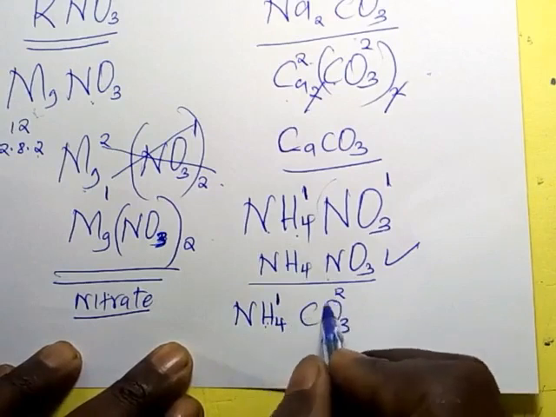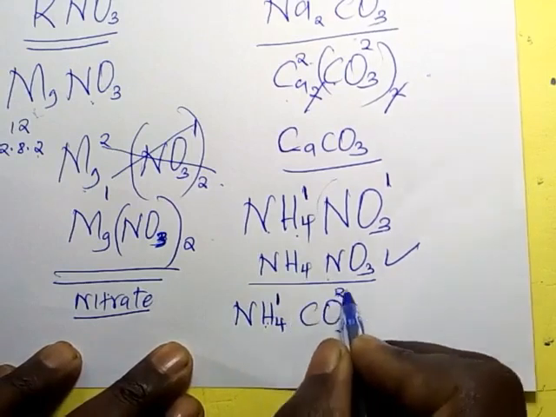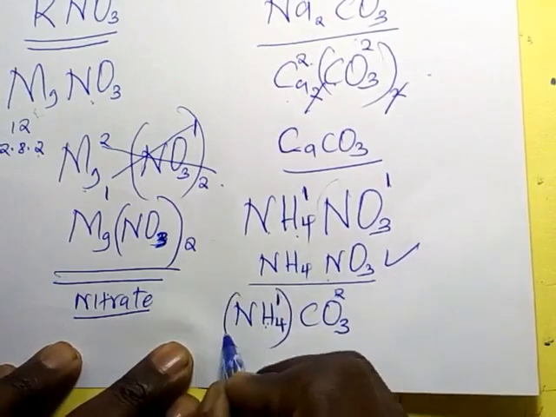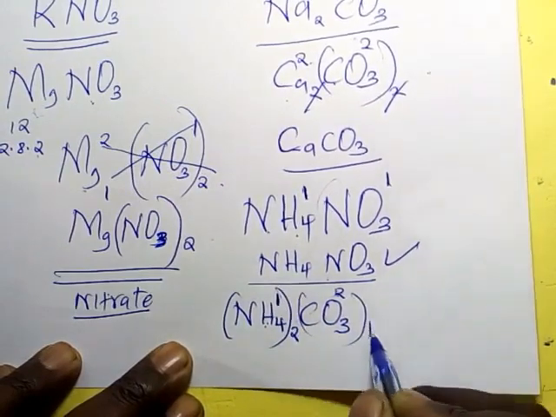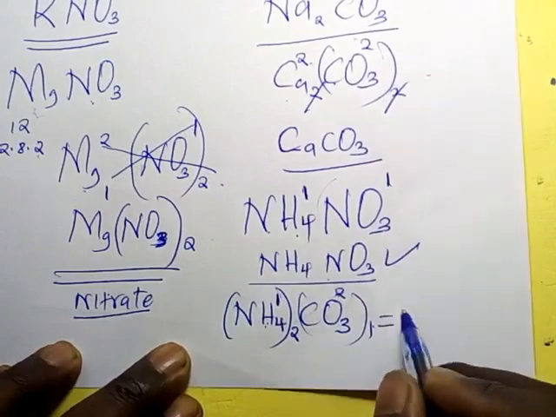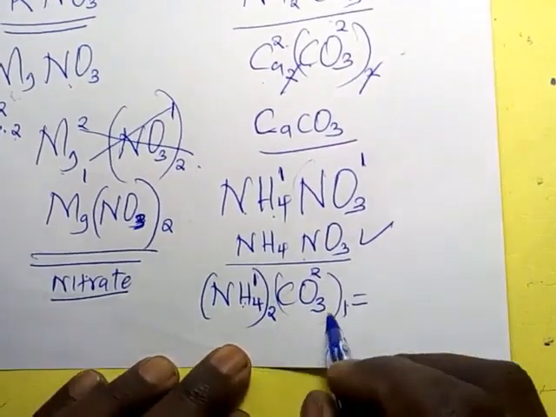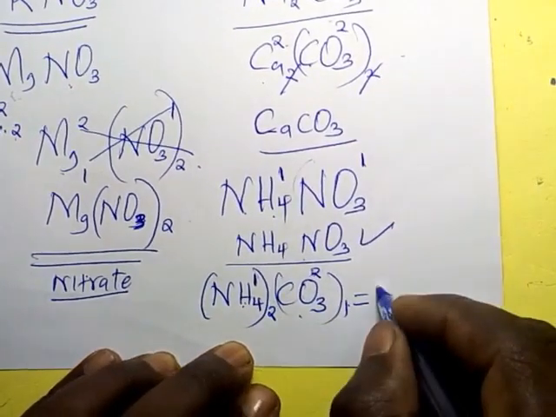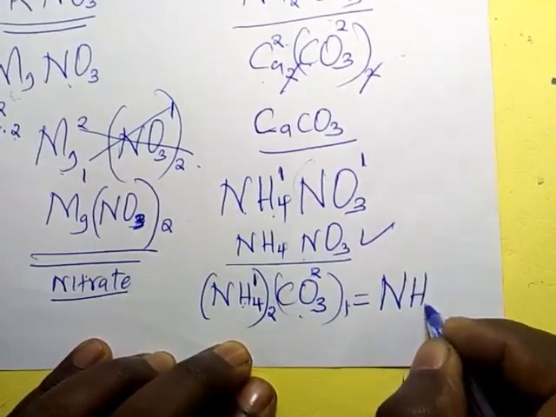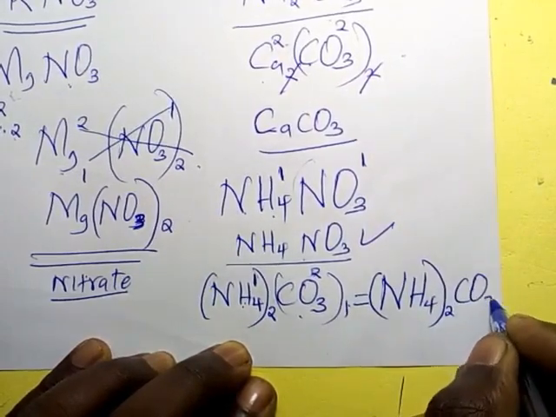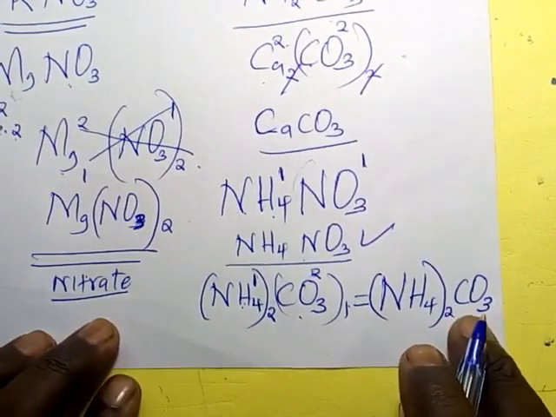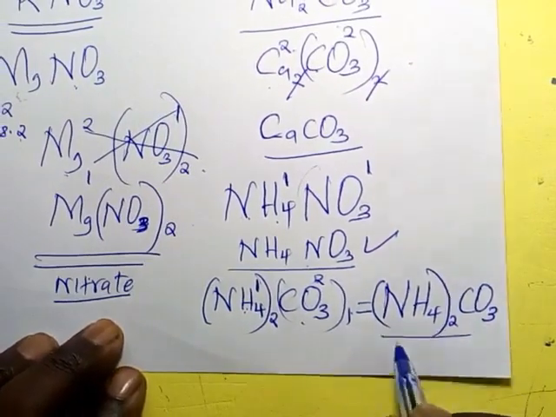So what happens, they will exchange. Because there is 4 here, we must have a bracket here to put the 2 here. This 1 will come here. 1 has no effect, therefore the correct chemical formula for ammonium carbonate is NH4 bracket 2CO3. That is the correct chemical formula for ammonium carbonate.